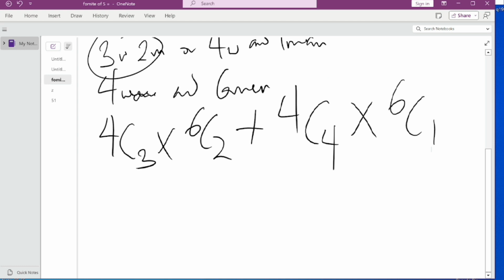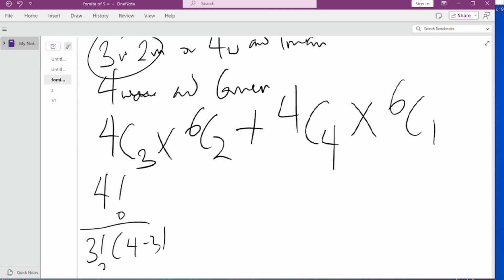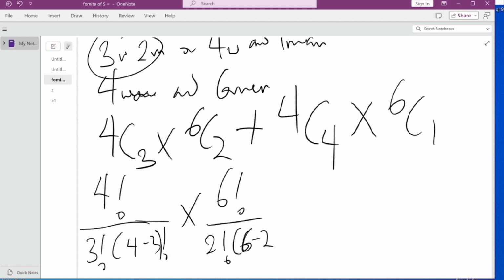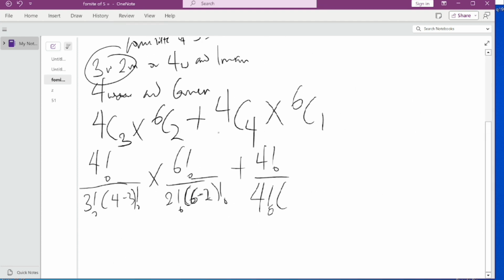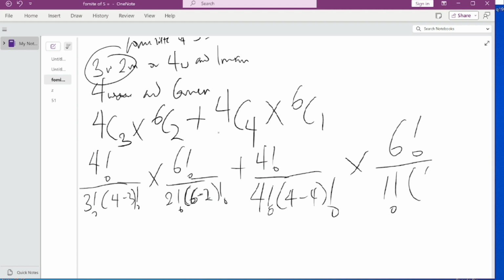So we'll solve this. We have 4 factorial over 3 factorial times (4 minus 3) factorial, times 6 factorial over 2 factorial times (6 minus 2) factorial, plus 4 factorial over 4 factorial times (4 minus 4) factorial, times 6 factorial over 1 factorial times (6 minus 1) factorial.